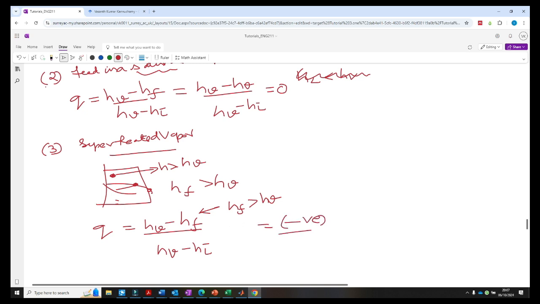Then we divide it by a positive quantity, because on the tie line the saturated vapor is here, the saturated liquid is somewhere around here, and we know HV dash is greater than HL dash. So this makes it a negative value. So when the feed is a superheated vapor, Q is negative.